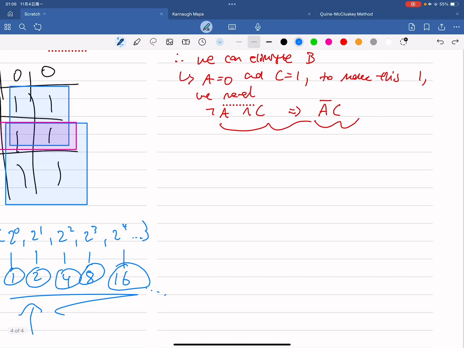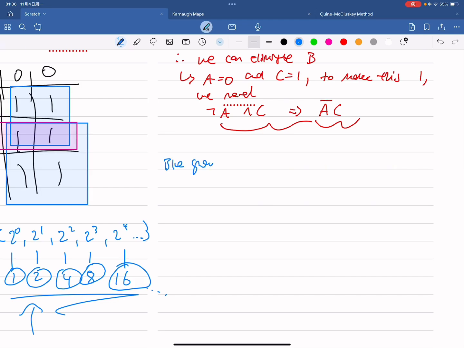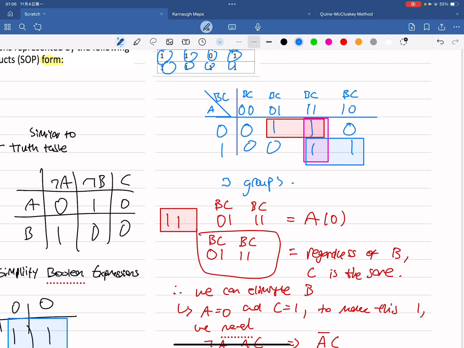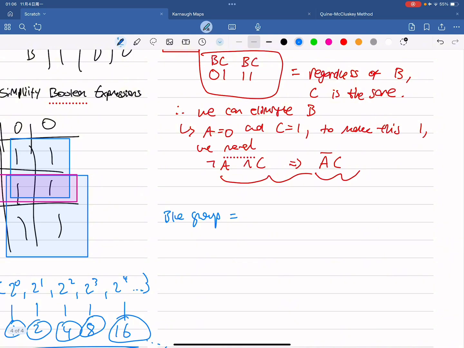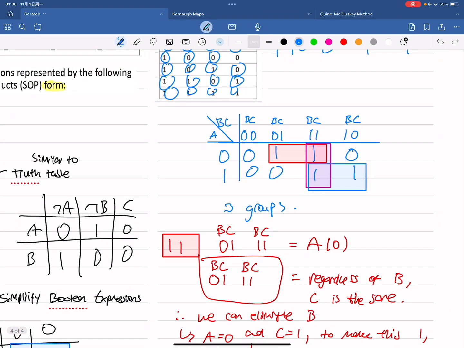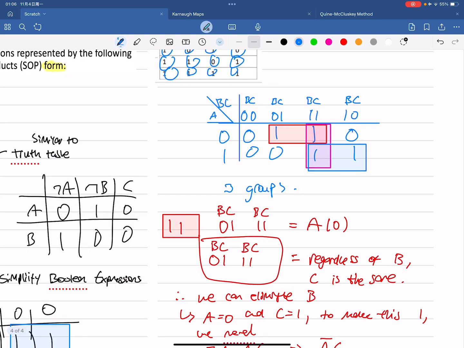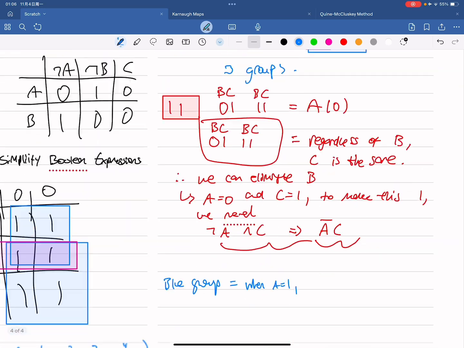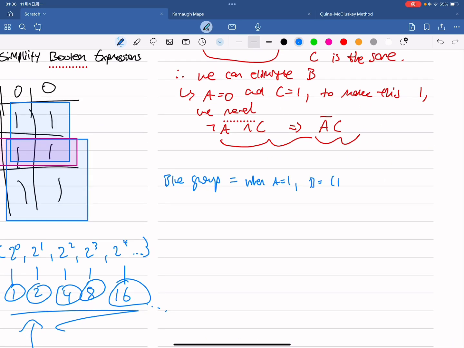So for the blue group, we can say when A equals 1, BC equals 1 1 and 1 0.